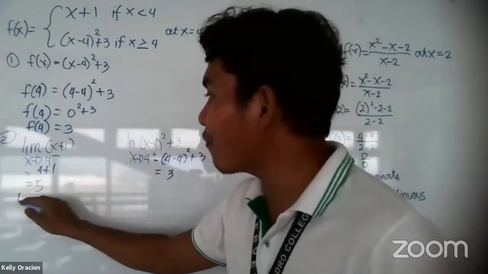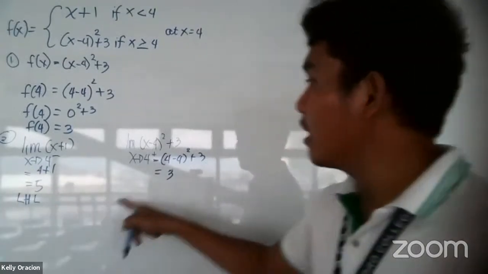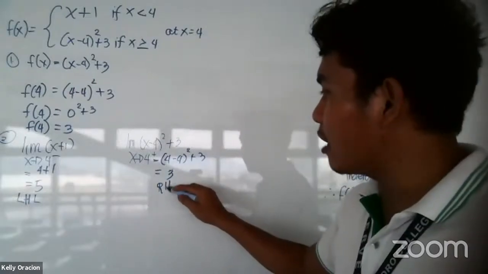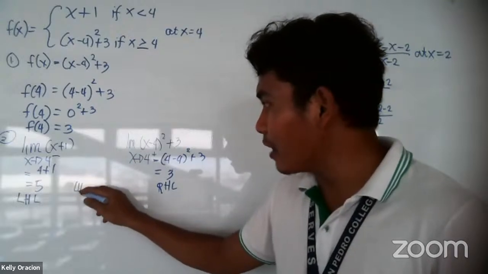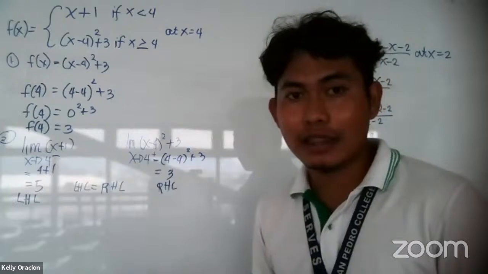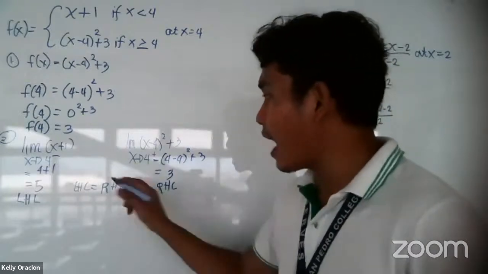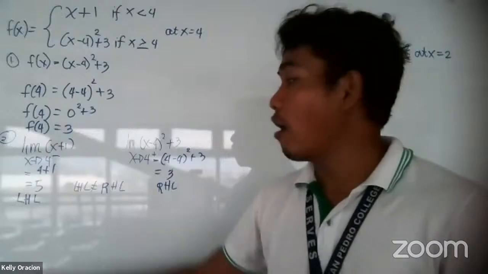This is the left-hand limit. Tama? This is the left-hand limit. For the right, this is the right-hand limit. Sir, the left-hand limit is not equal to our right-hand limit. Dili sila parehas. Okay? They are not equal. 5, 3. So what do you think is the limit?